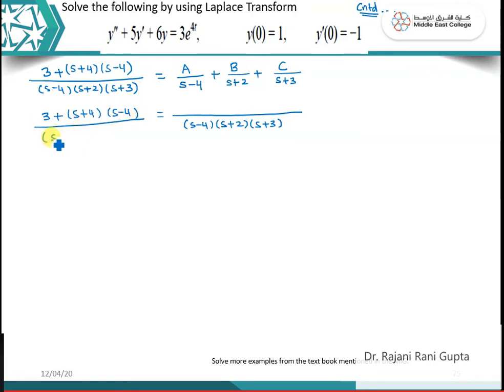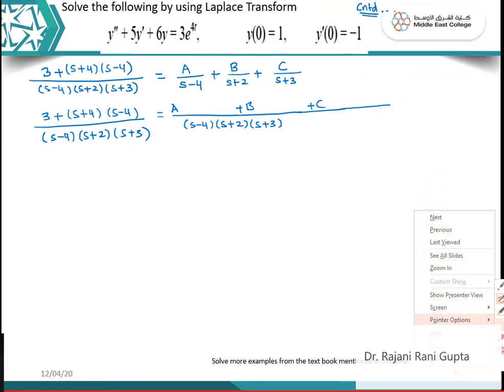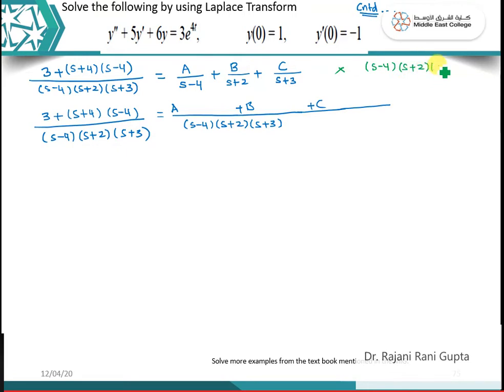Okay, now we have to search for the term that should be multiplied with A, with B and with C. Again you can use the same concept I explained in my previous class: multiply all three of them with the denominator s minus 4, s plus 2, s plus 3. So check, when it is multiplied with A, we already have s minus 4 below A, so you are left with s plus 2, s plus 3.